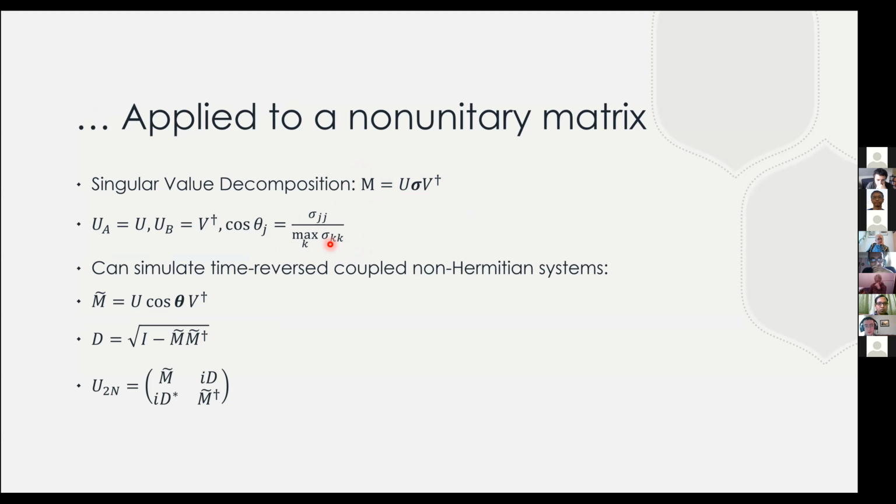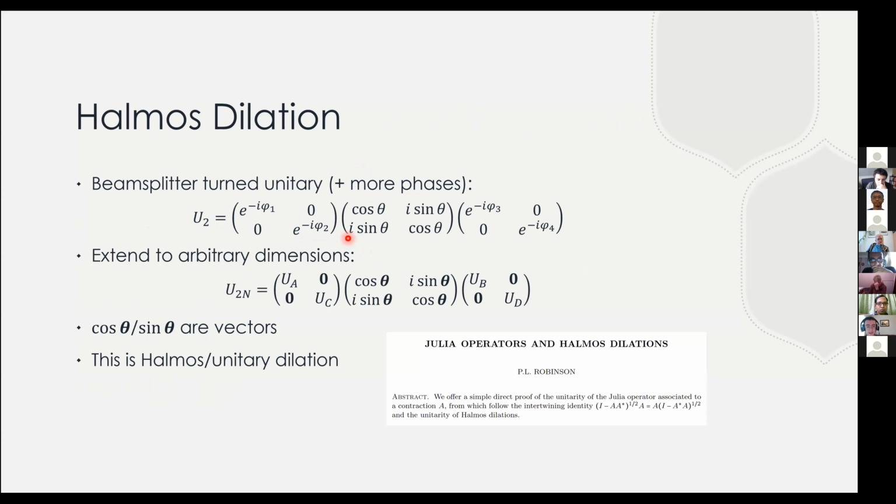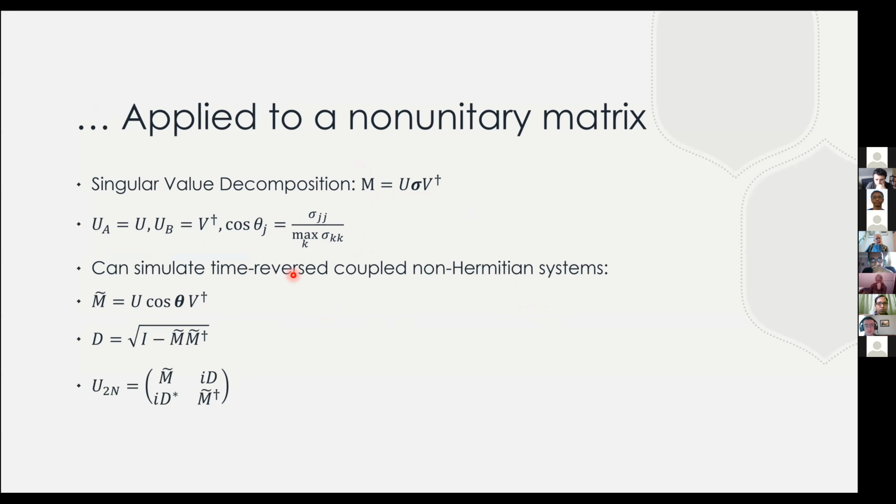So there are a number of options at this point, because if I go back to this slide, I've left UC and UD unspecified, but for simplicity, or just because we can, we take UC and UD and relate them to U and V dagger as well.